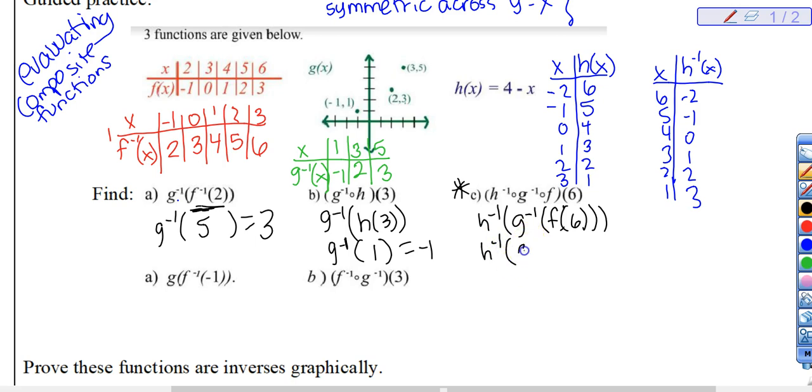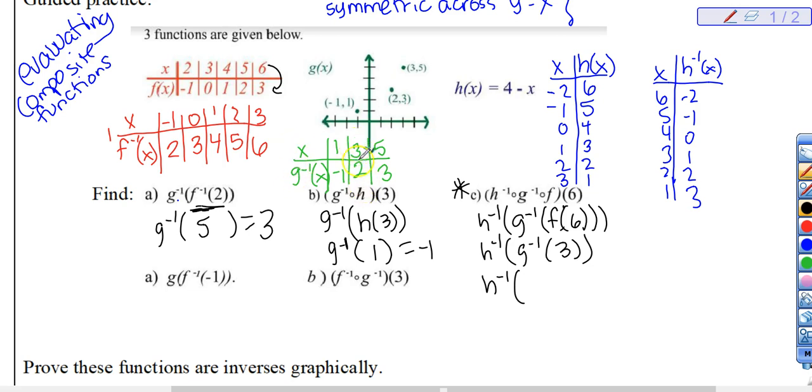Okay, so we're going to start with evaluating the F of 6. So what is the F of 6? The F of 6 is 3. All right, so we're going to replace the F of 6 with 3. Now we only have 2 sets of parentheses because every time we work down, we remove a set of parentheses. All right, now we're going to the G inverse of 3.